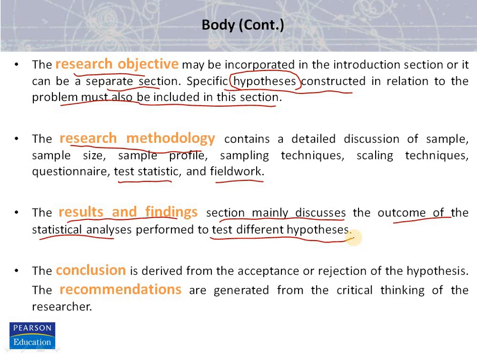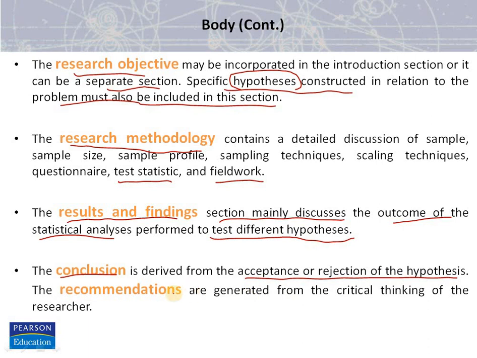After results and findings, there will be conclusion. Conclusion should always be based on the results and findings as well as the literature review, as well as the findings of other studies. So conclusion is derived from the acceptance or rejection of the hypothesis.